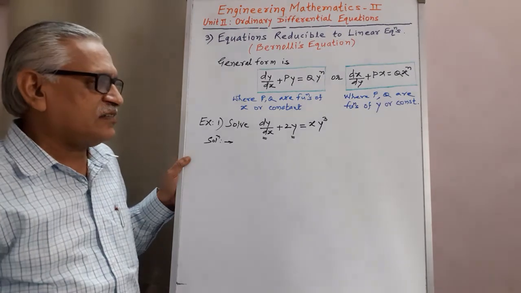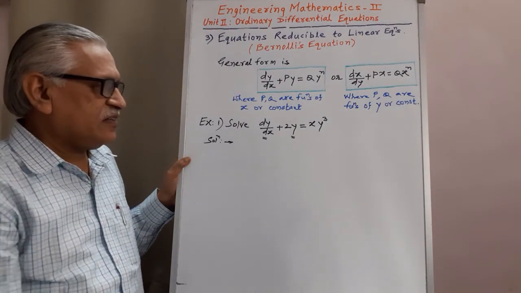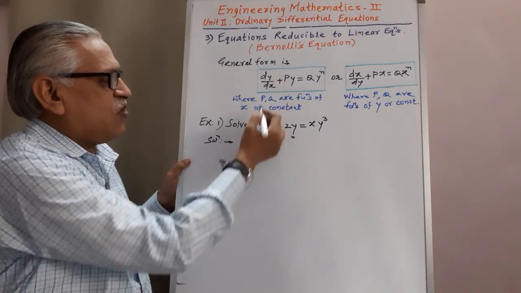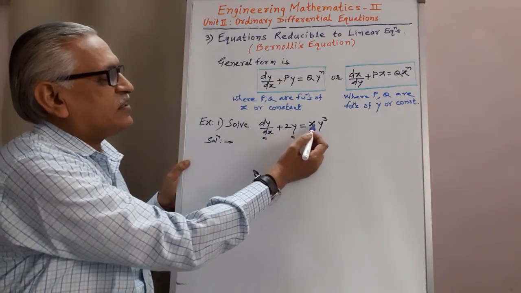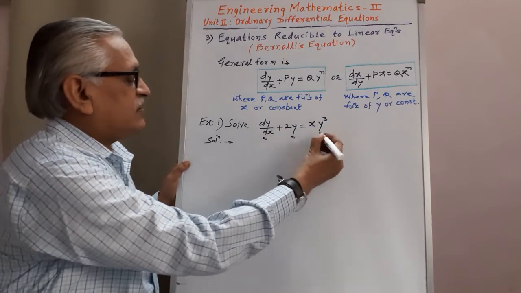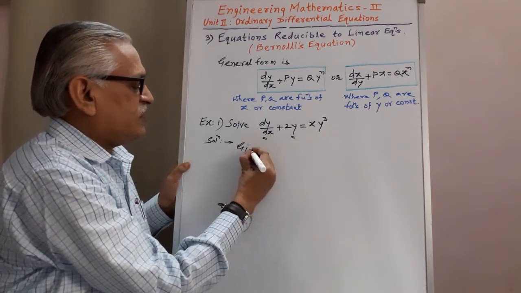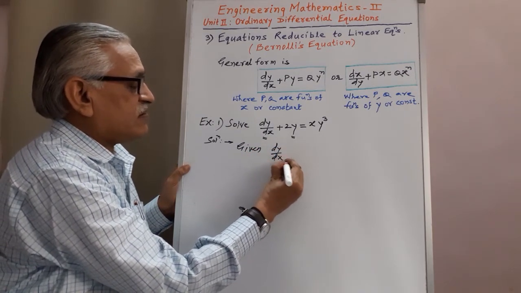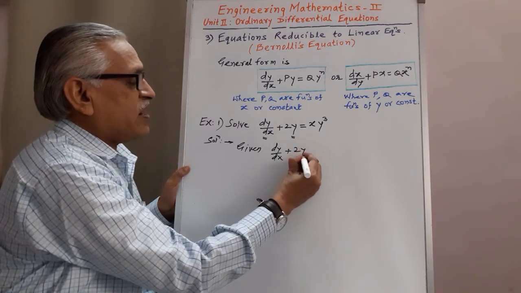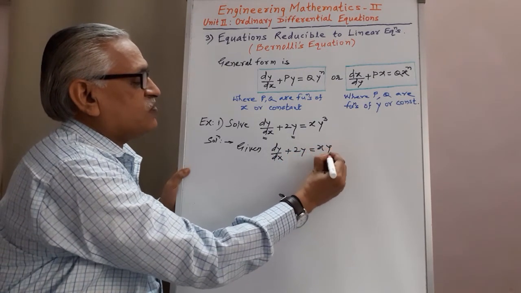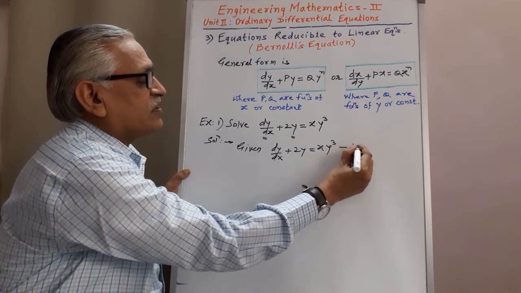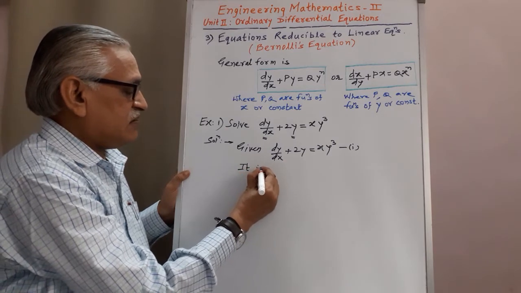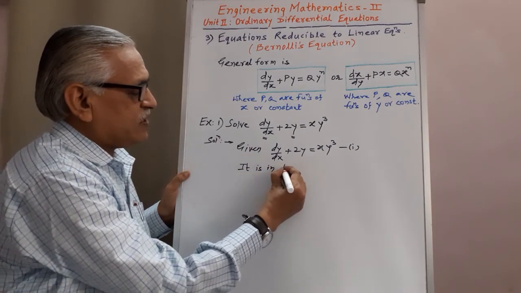We call it reducible to linear, or it is in this form dy by dx plus Py equals Q into y raised to n. Therefore, that given differential equation dy by dx plus 2y is equal to x into y cube, we call this equation 1, is in Bernoulli's form.